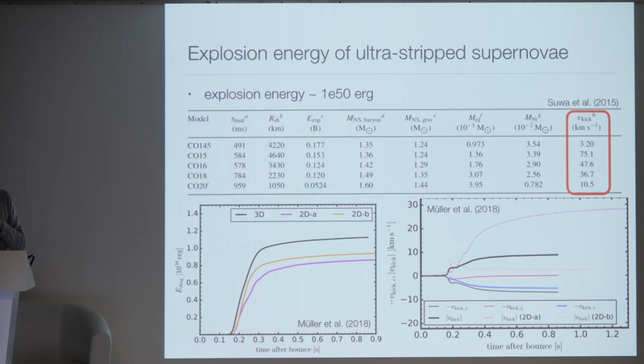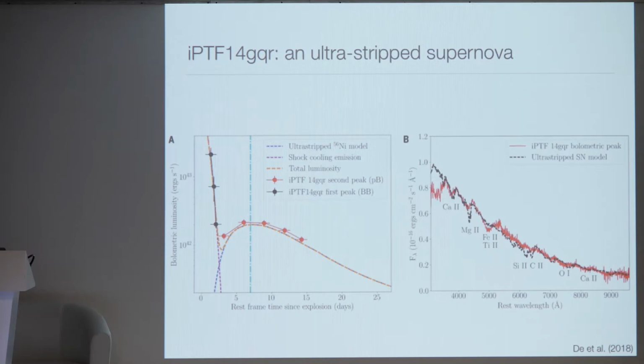And of course, the question is whether we observe such supernovae or not. And now we have one good candidate for such a supernova. This is the light curve of this particular type Ib supernova, and these are spectra taken around the peak.